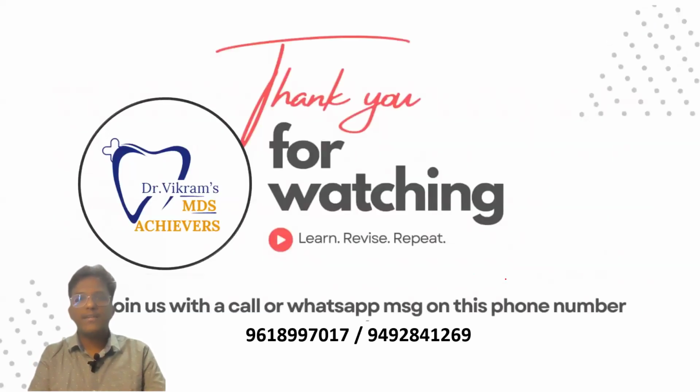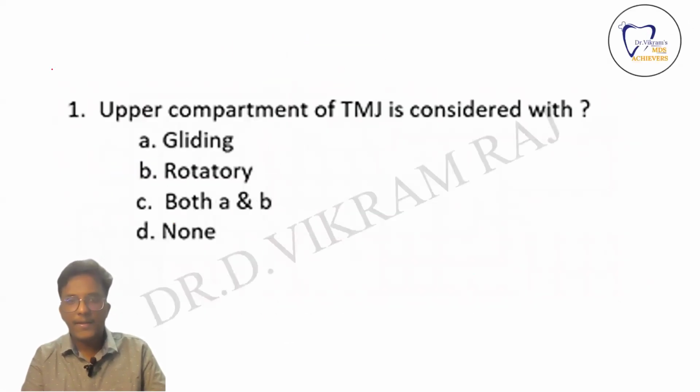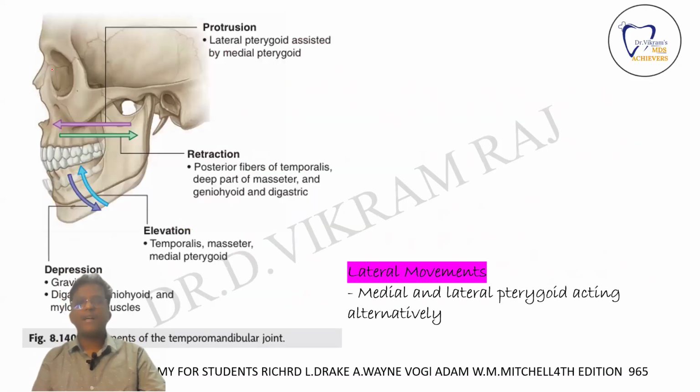So no doubts, right? If you have any doubts, please do ask. Okay, you want the movements to be explained again? See, firstly, you should know the protrusive movements, retraction movements, and elevation, nothing but closing of the mouth, and depression means the opening of the mandible.